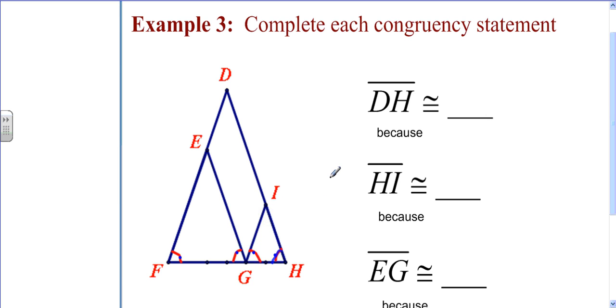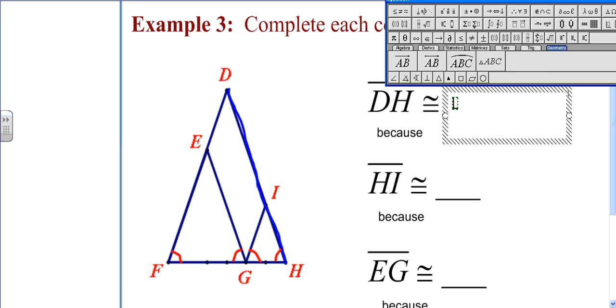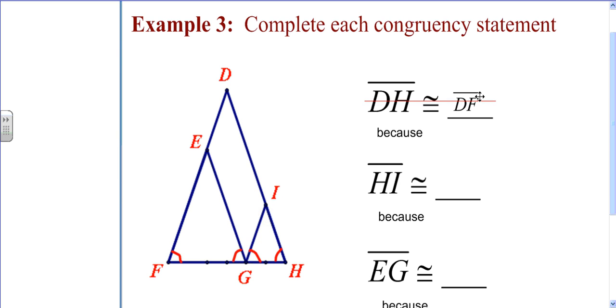All right, so let's see if we can answer the questions here and complete the congruency statement. First, we have side DH. So side DH is this whole big side. Now, I think your gut is probably going to tell you that side DH is going to be congruent to side DF, right? Those are the two corresponding sides.